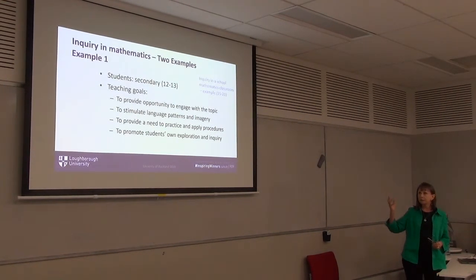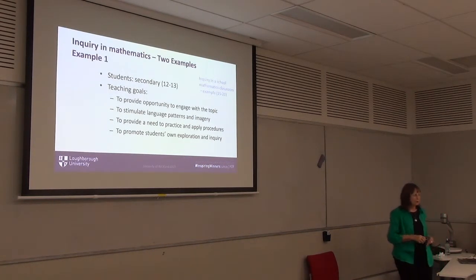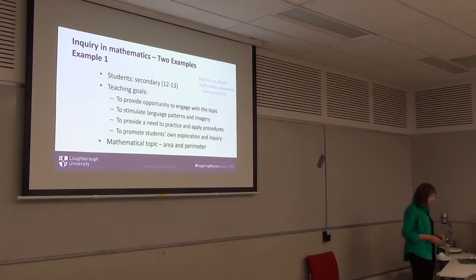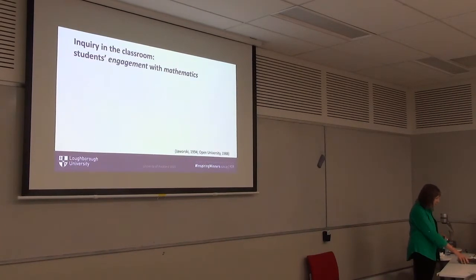There's a lot in the literature which suggests these are very important goals to have for working with our students. The mathematical topic is area and perimeter, particularly focusing on perimeter.